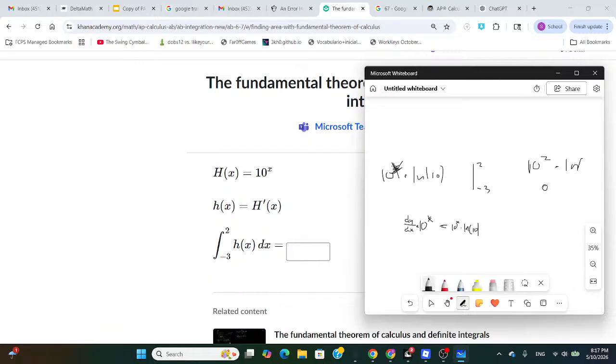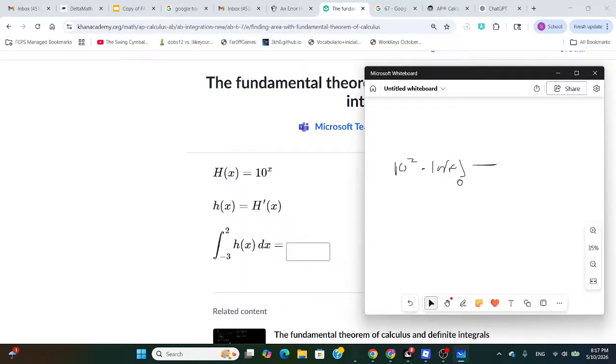Oh, no. Oh yeah, my bad. Times ln 10 minus 10 to the negative 3 times ln negative 3. No. No no, it's 10. My bad.